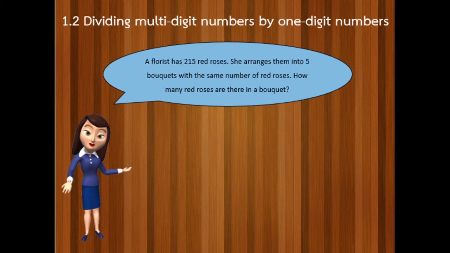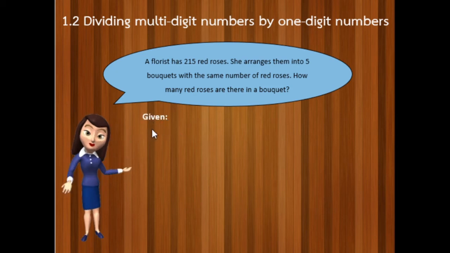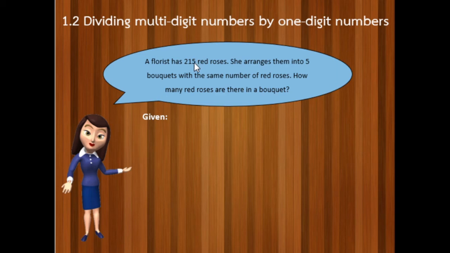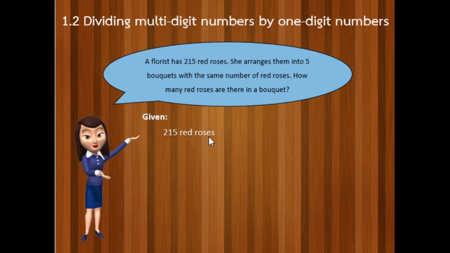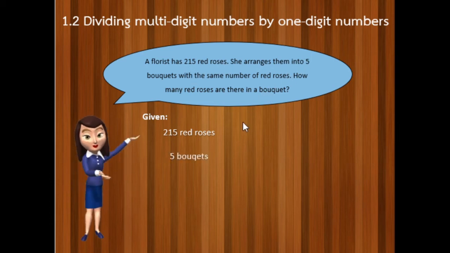Quite difficult for you, right? But the technique here is to find keywords or clues. You can then make this one. Given, it's what you can find in the problem. Example, given: there is 215 red roses. Another one, 5 bouquets.